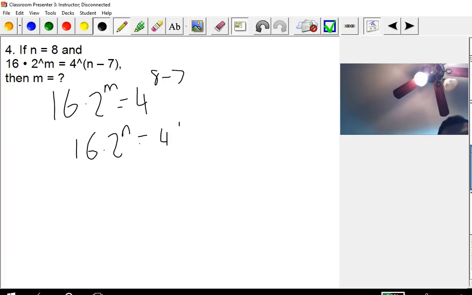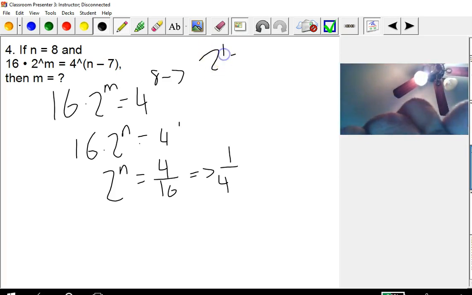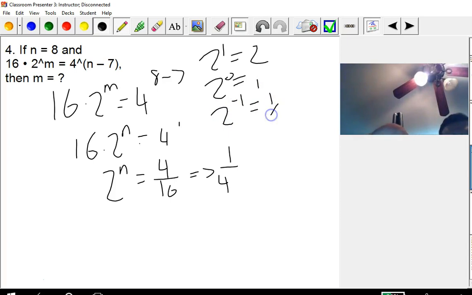So if we divide both sides by 16, we get 2 to the n equals 4 over 16, which equals 1 over 4. Now, it's important to know, 2 to the 1 equals 2, 2 to the 0 equals 1, 2 to the negative 1 equals 1/2.